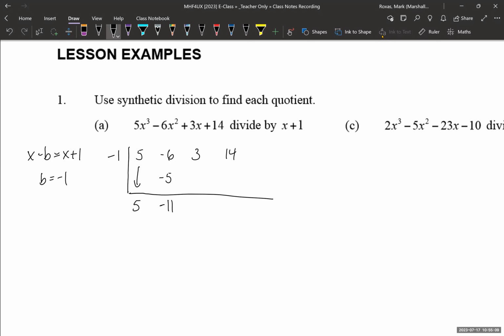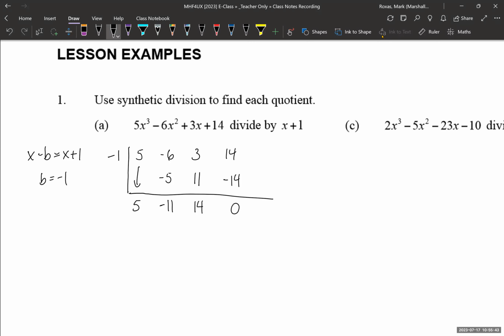That -11 goes down to the third row, and you take that -11 and again multiply it by b. -1 times -11 is +11, and that goes up into the next column under the next coefficient in your second row. The 3 and the 11 get added together, so 3 plus 11 is 14. And then -1 times 14 is -14, and 14 plus -14 is 0.